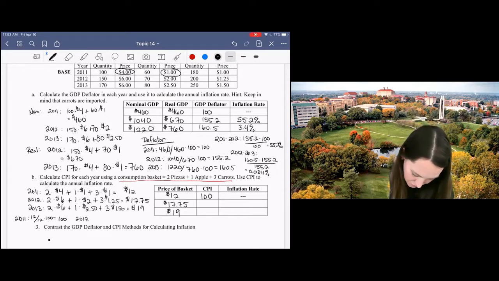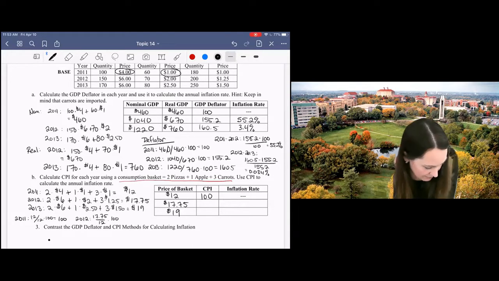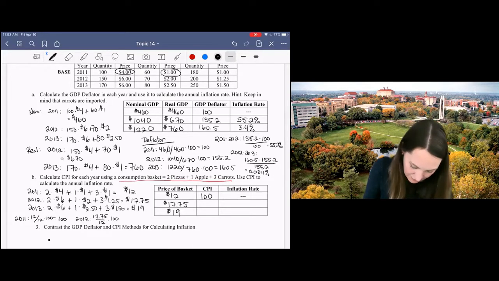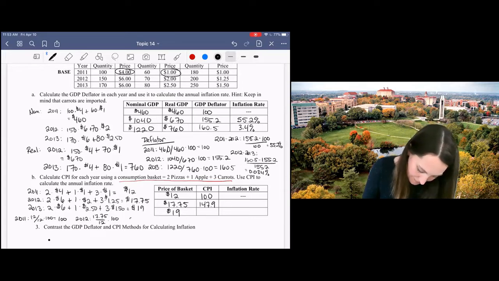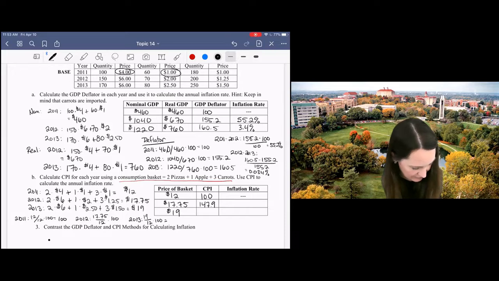In 2012, I've got 17.75 divided by 12 times 100, which gives me 147.9. And then in 2013, we've got 19 over 12 times 100, which is 158.3.